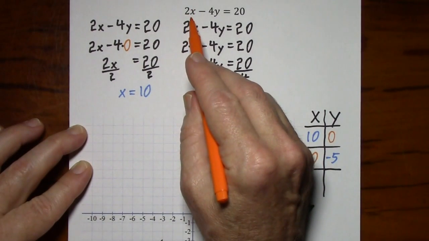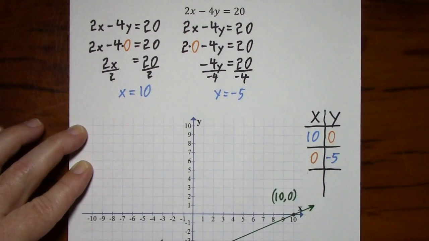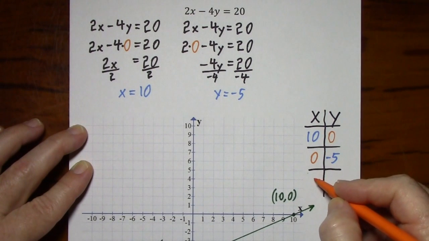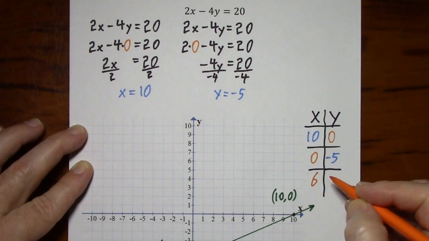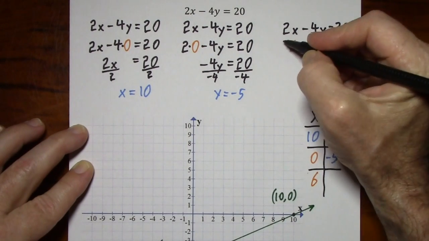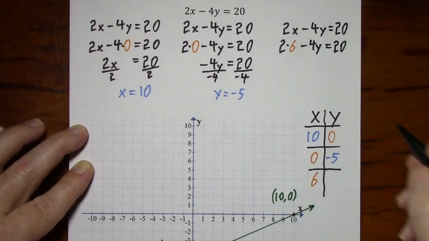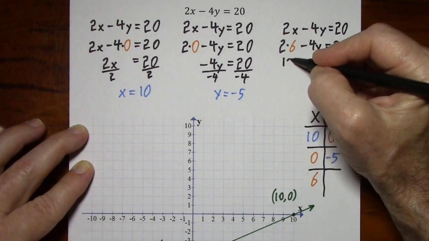I think I'll just pick x. I'm going to say it's a 6, because I think the algebra will work out pretty nicely. So when x is 6, let's see what y is. This gives us 12.